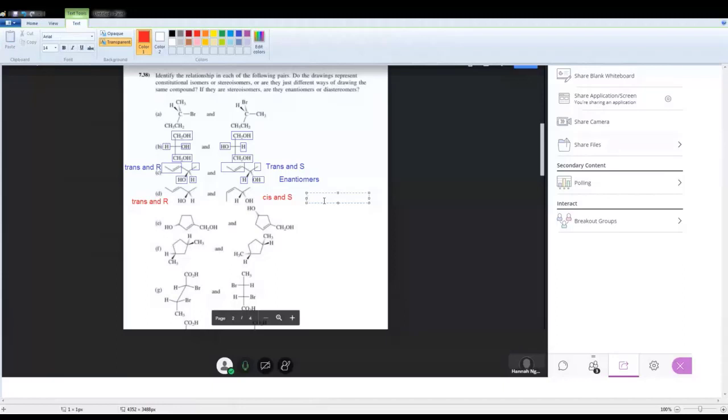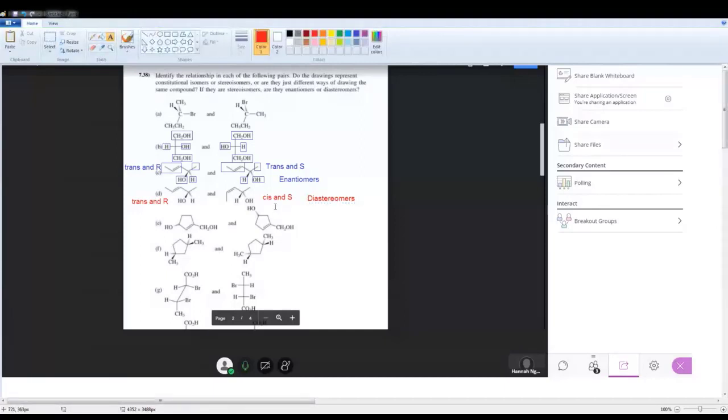These would actually be classified as diastereomers. Because when you have both a chiral center and a double bond, you need the double bond configuration to be identical and the chiral center to be opposite in order for it to be a mirror image.